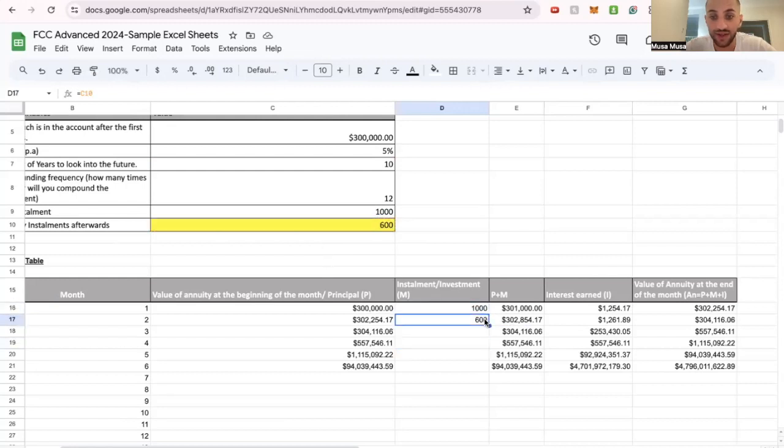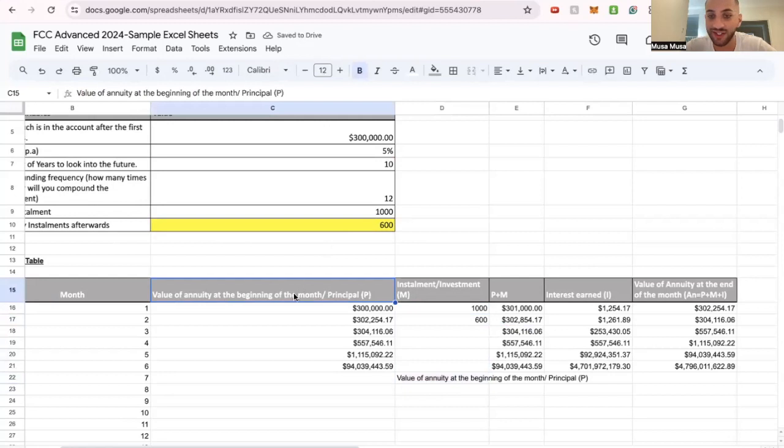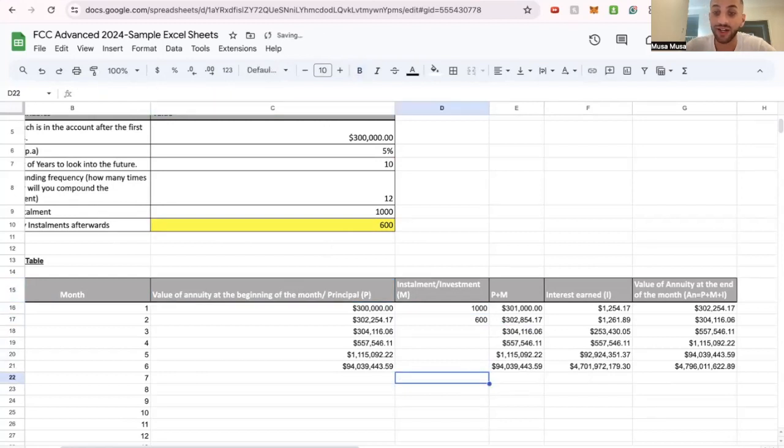And if I keep dragging this, eventually I'm going to get value of an annuity at the beginning of the month or principal. I'm going to get this number because it's going to go down to C15. So again, I needed to have fixed this and said it's always C10. So it doesn't change.